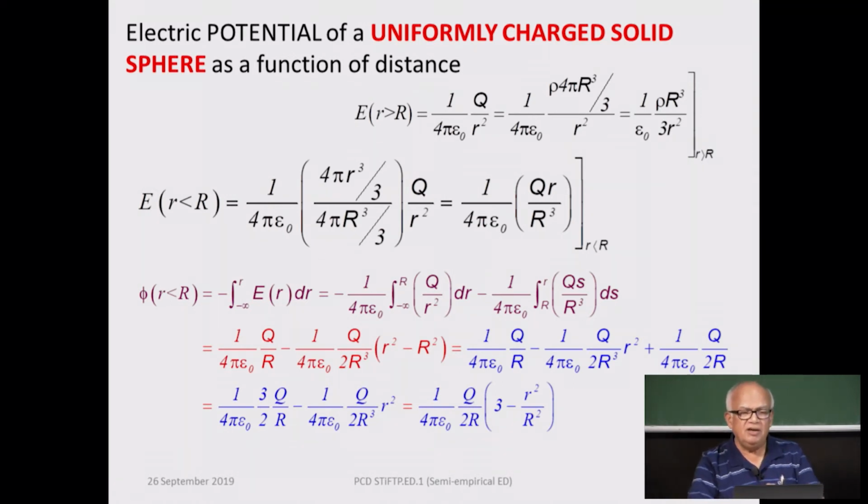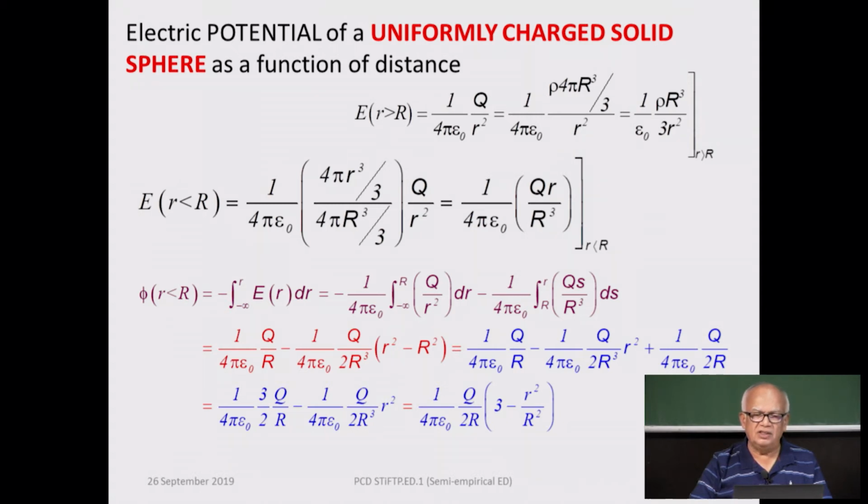So, you have to integrate the force into distance, which is the force per unit charge into distance, which is E into delta r, and integrate this, add it up all the way from infinity to r.